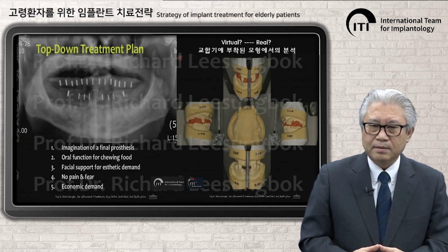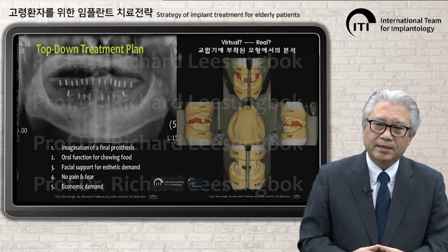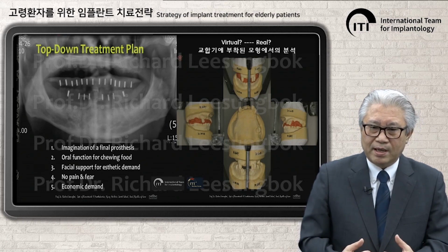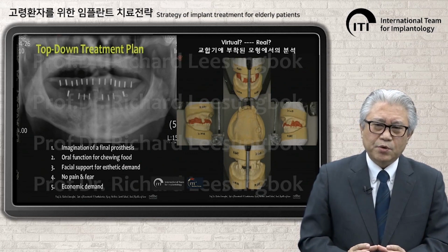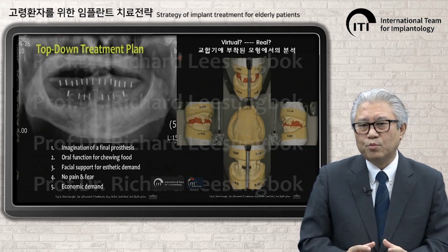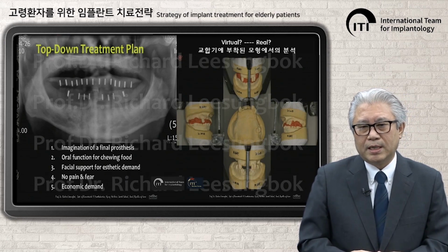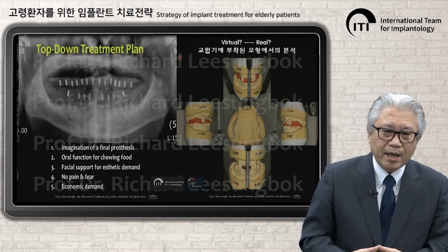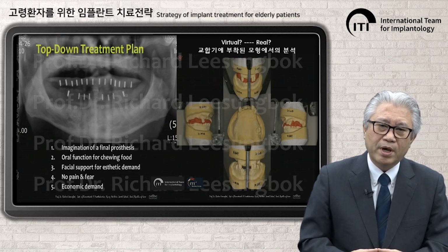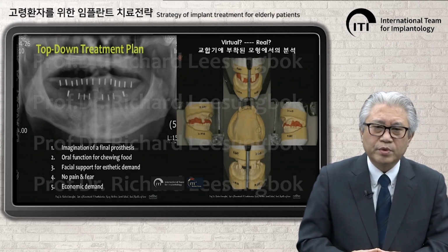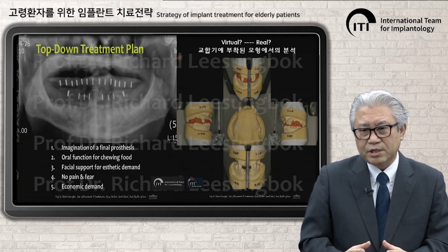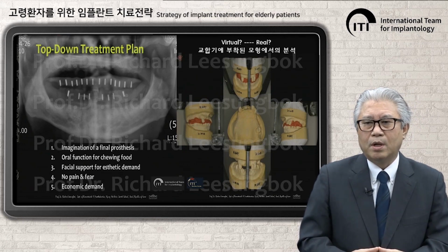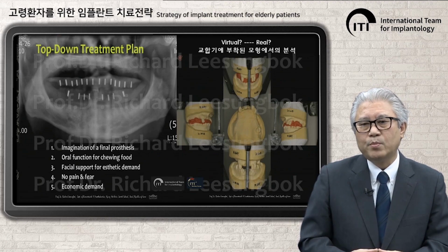Until now, I have been emphasizing the meaning, necessity, and method of top-down treatment planning when educating my students at my university since 2004. As dentists, we should be able to create 4 to 5 treatment options for each patient and imagine each final treatment outcome to solve the chief complaint of every new patient.